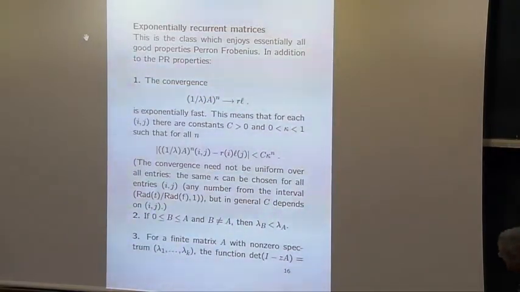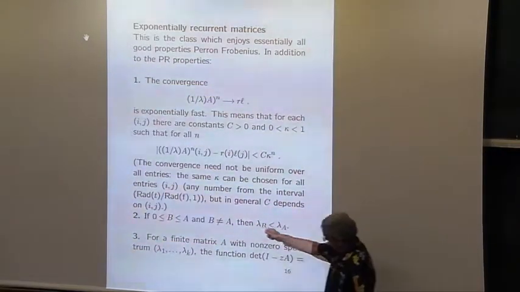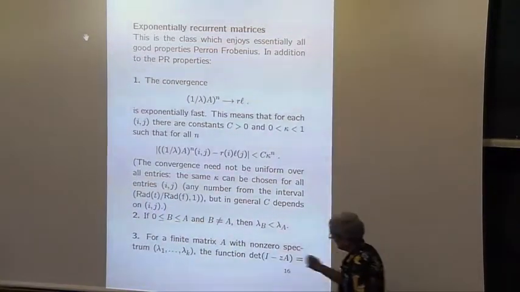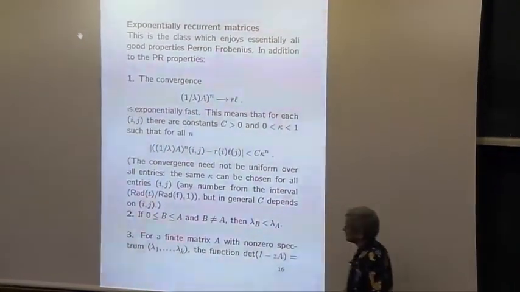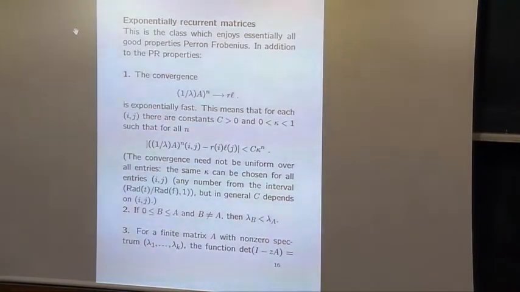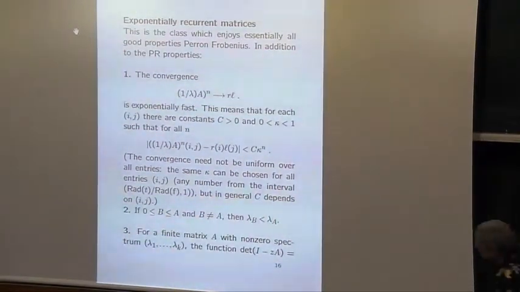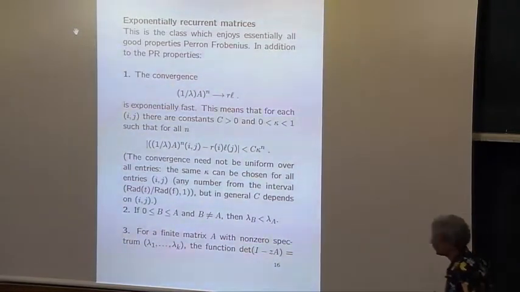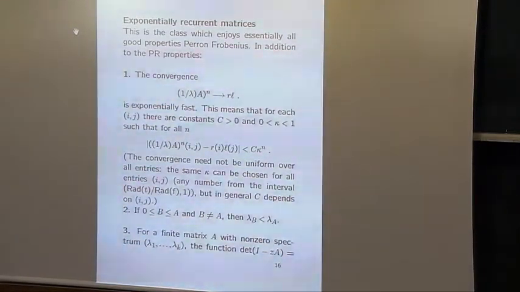Another good thing. If we have A exponentially recurrent, and we have B a matrix such that 0 is less than or equal to B less than or equal to A, and B is not equal to A, then the Perron value for B is strictly smaller than the Perron value for A.